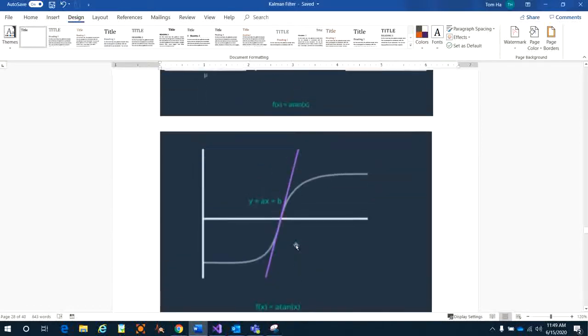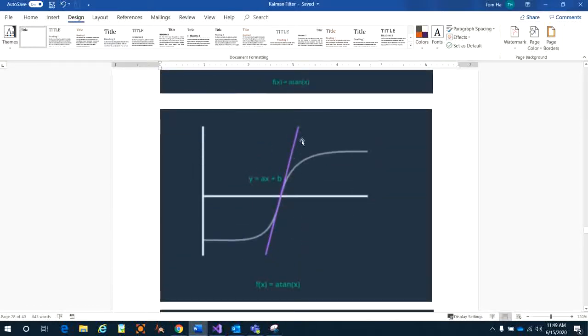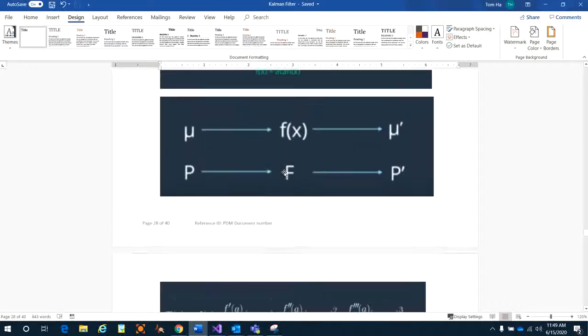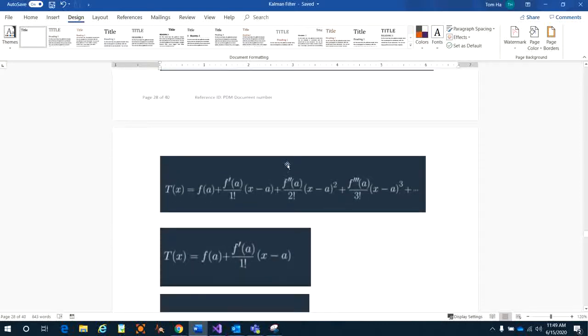So how do we linearly approximate? In a small part of the function you can linearly approximate right here. We use the Taylor series. The Taylor series is a sum of infinite terms, right? But for the linear approximation we only keep the first two terms right here, right?